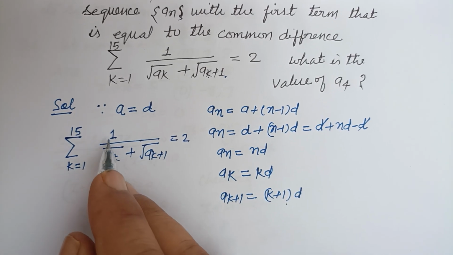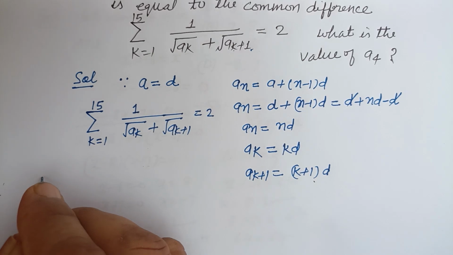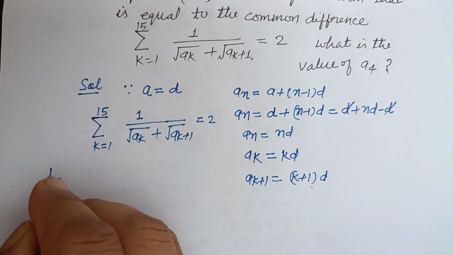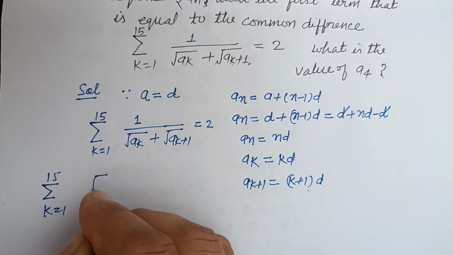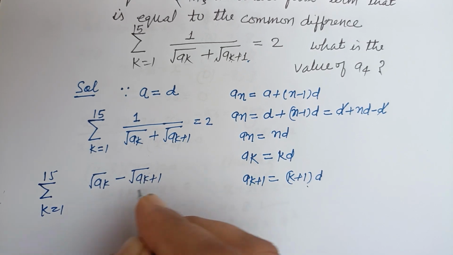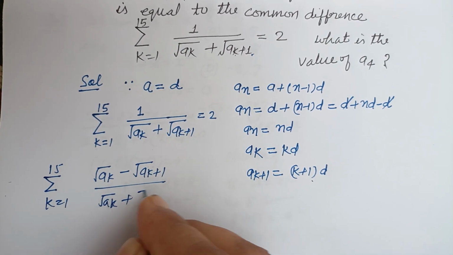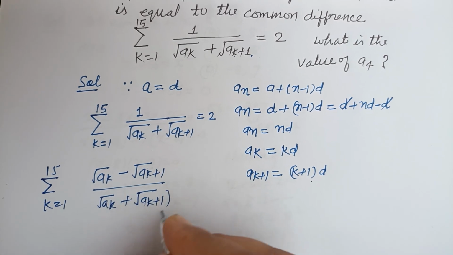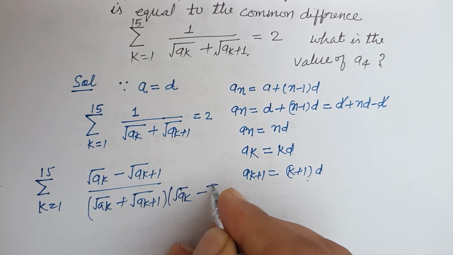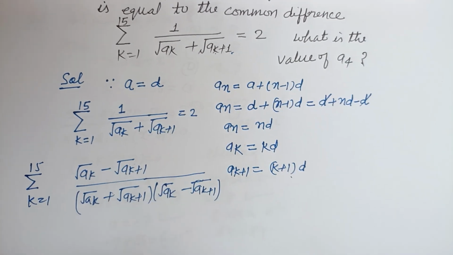Now multiplying this by its conjugate, we got the sum from k equal to 1 to 15, its conjugate is root a_k minus root a_(k+1), over (root a_k plus root a_(k+1)) into (root a_k minus root a_(k+1)).